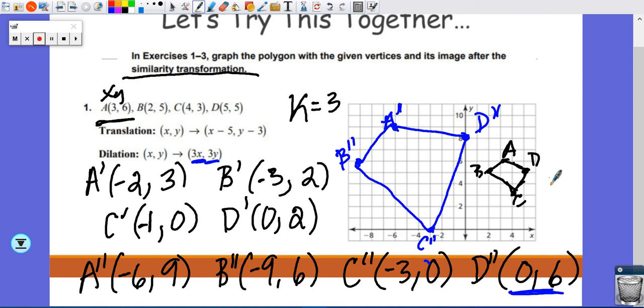I'm just going to make it big or small. And if I do a translation, that means I took the original picture and just slid it to the left 5 and down 3. And then I needed to have blown that picture up by multiplying the coordinates by 3.